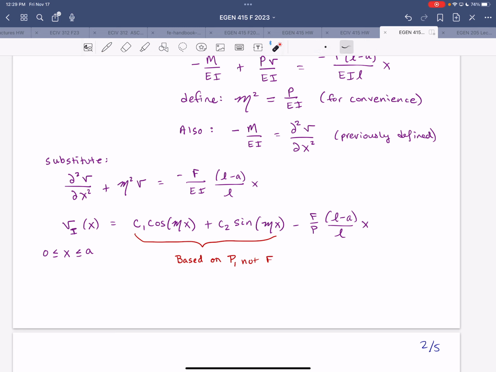That comes from the m we defined in terms of P, so there's nothing in here that's tied to F. The last term is the particular solution, so it's based on both loads.